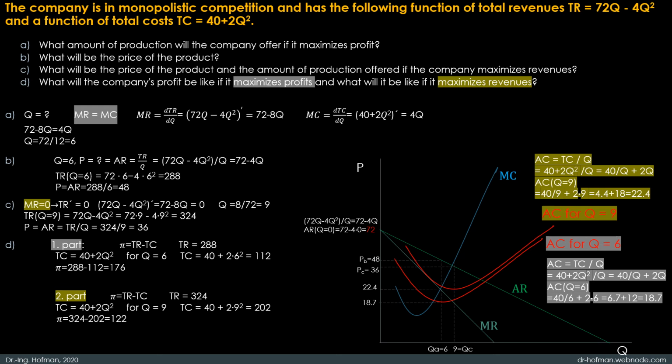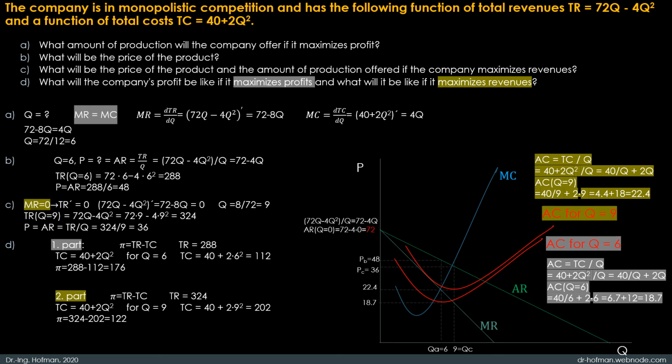And when I divide it by Q, I got 40 over Q plus 2Q. For the point where quantity is 9, because in this point the company maximizes revenues, we got 40 over 9 plus 2 times 9, which is 4.4 plus 18. It means 22.4.